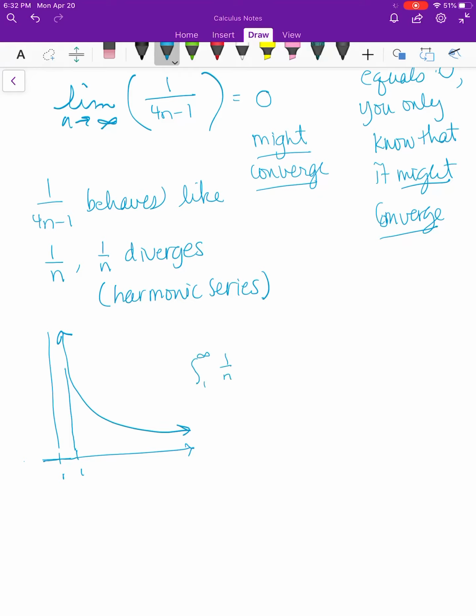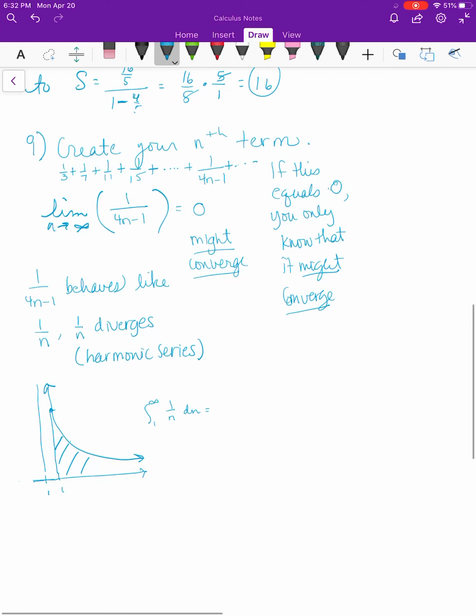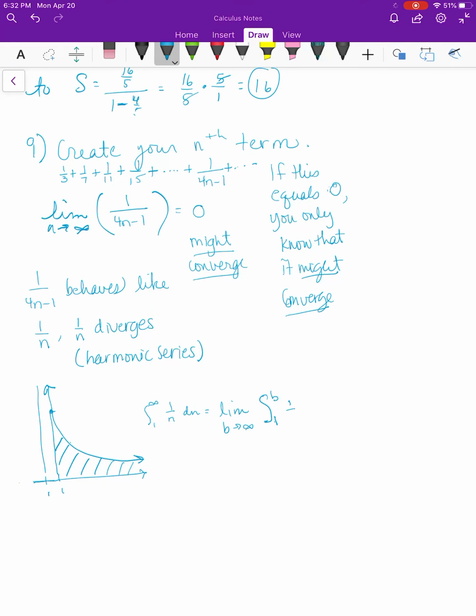And just to remind you, I showed you how you have 1 over n, and this is a piece of it. If we looked at it from 1 to infinity, so if we just said, okay, I would like to look at the integral from 1 to infinity of 1 over n dn, or you could think about it as 1 over x dx, either way, and you looked at what this area under the curve is, because by definition the integral from 1 to infinity of 1 over n dn is the area under the curve.